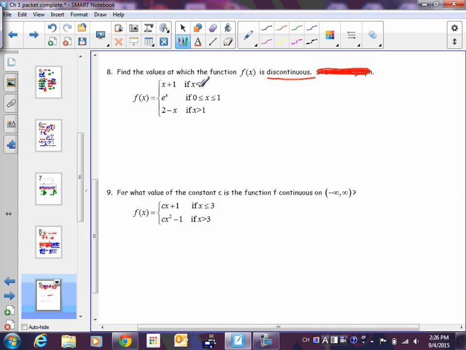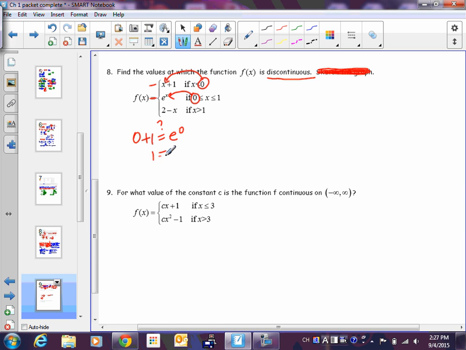So that's what we're going to be looking for. So what is the x value when the first and second piece connect? What's the x value there? 0. So we are going to plug 0 into x here. We're going to plug 0 into x there. Not 1, because 1 is where the middle piece ends. That's going to come up in a minute. So I'm going to go 0 plus 1 equals e to the 0, and I'm going to put a question mark, because I don't really know that this is true.